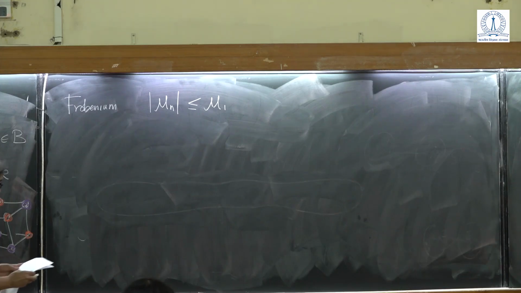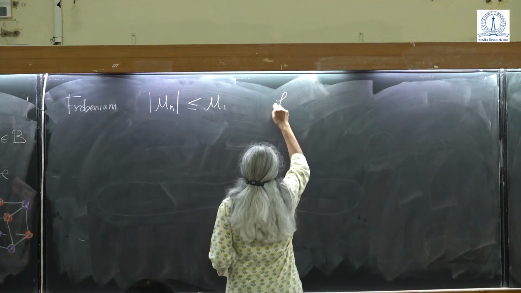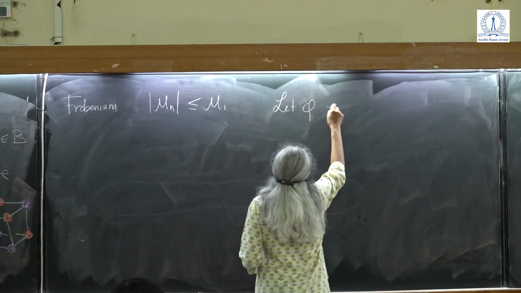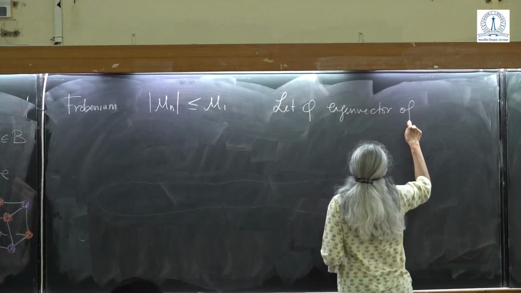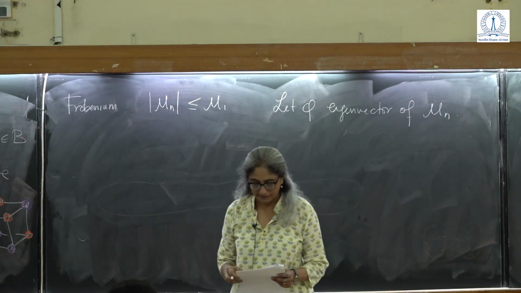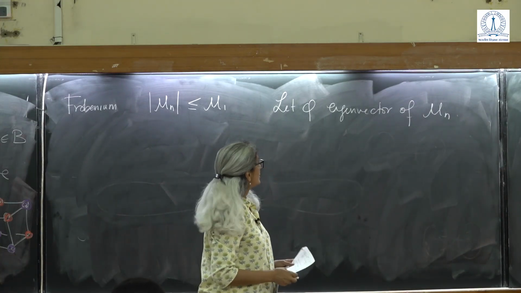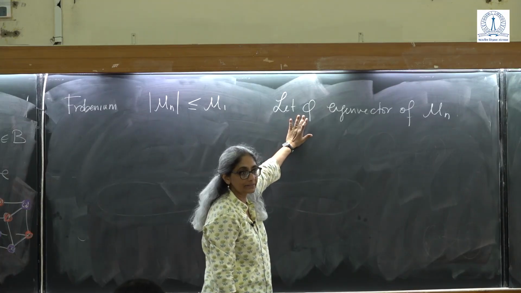Okay, so what we're going to do is pick, let phi be an eigenvector of the last eigenvalue, mu n. So mu n is the smallest eigenvalue and I pick an eigenvector of it. So this definitely has plus and minus things in it, right? It does.